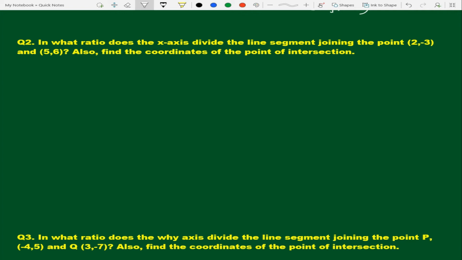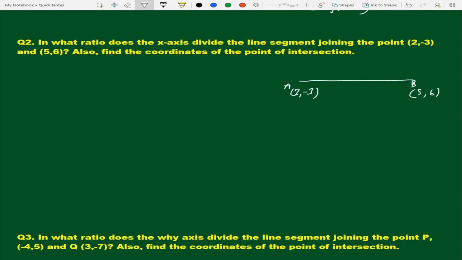So this is A (2, -3), and coordinates of B are (5, 6).